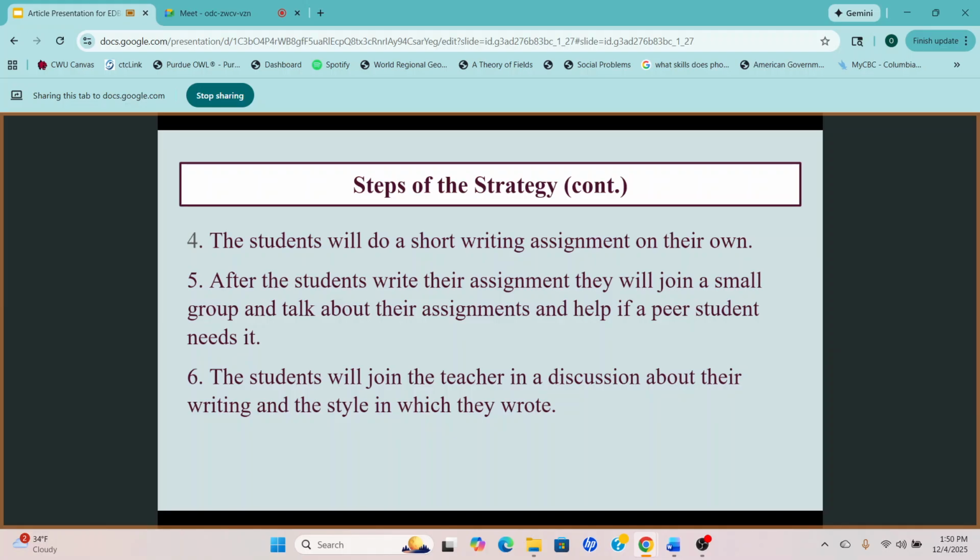Step 5 is the students will do a short writing assignment on their own. After the students write their assignment, they will join a small group and talk about their assignments and help if a peer student needs it. Step 6 is the students will join the teacher in a discussion about their writing and the style in which they wrote.